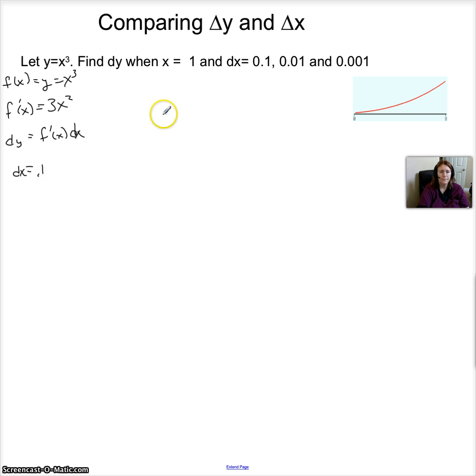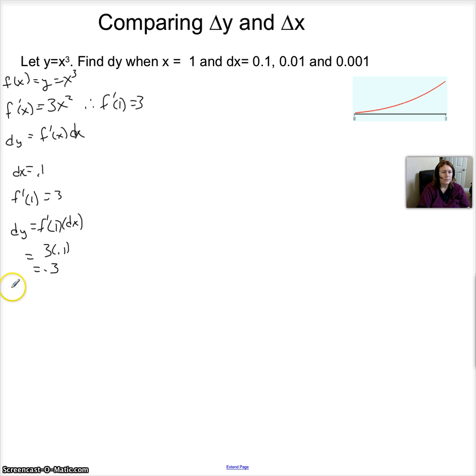Let's start with the first one. dx is 0.1. f prime at x equals 1, what's the derivative evaluated at 1? It's just 3. So f prime at 1 is 3. So dy is f prime evaluated at 1 times the differential of x. So it's going to be 3 times 0.1 or 0.3.